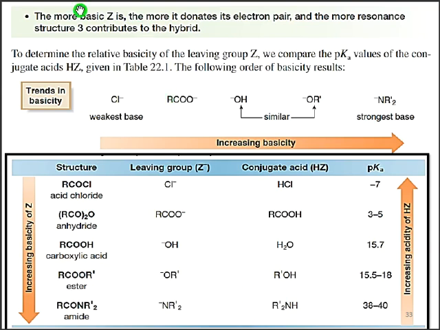Now you know why the carboxylic acid derivatives are more stable than aldehydes and ketones, and you know the answer.